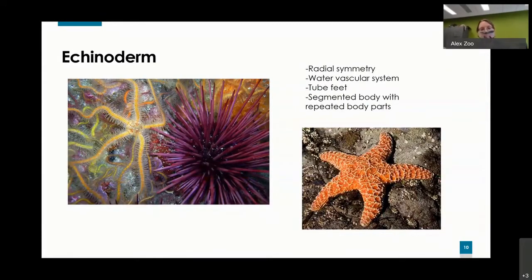What are the animals called? Well, the anemone was part of the cnidarians. What's this one? Yeah, starfish or sea star. The starfish or the sea star is an echinoderm, and yeah, that's an urchin.